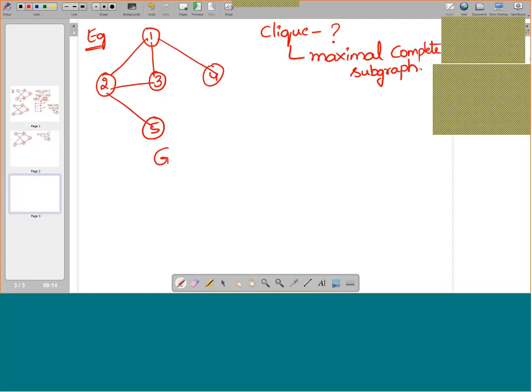Type it in the chat box for this graph G. First find the subgraph for this graph. It is complete.